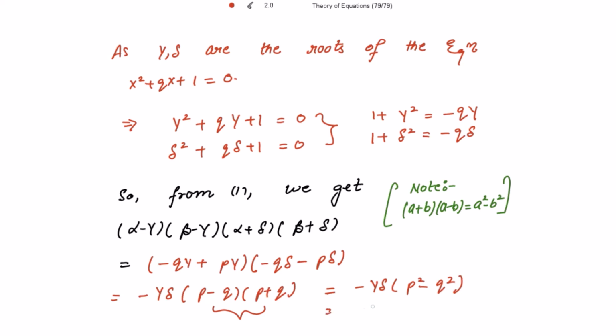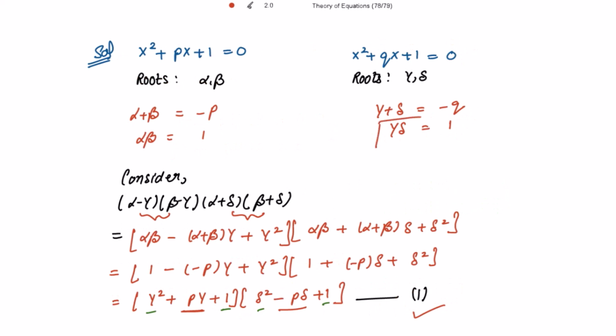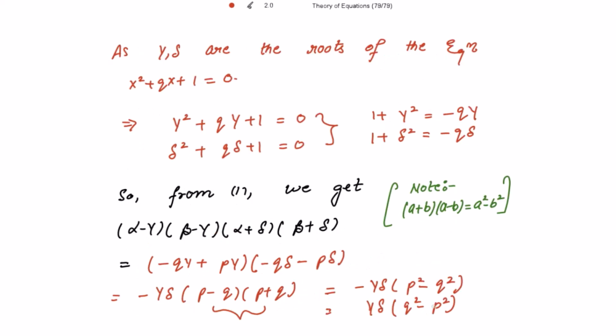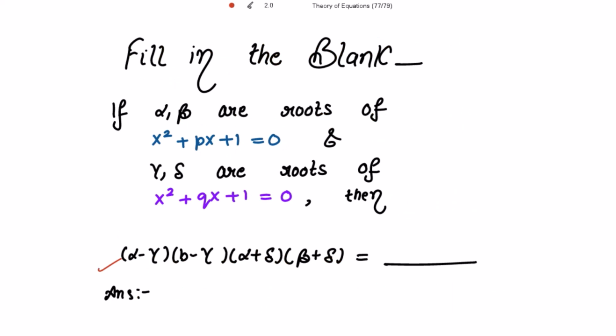Or we can also write this as gamma delta into q square minus p square. And from here we know that gamma delta is equal to 1. So this is equal to q square minus p square. So we get the answer to this blank as q square minus p square. So the answer is q square minus p square.